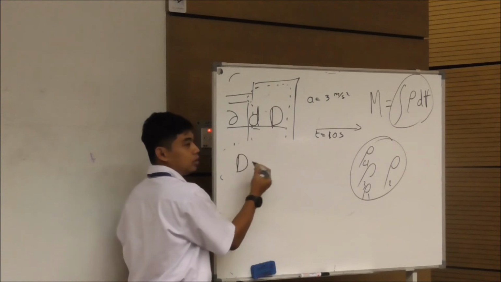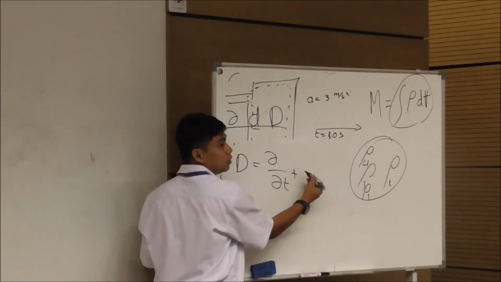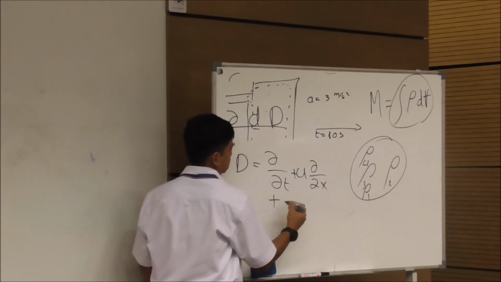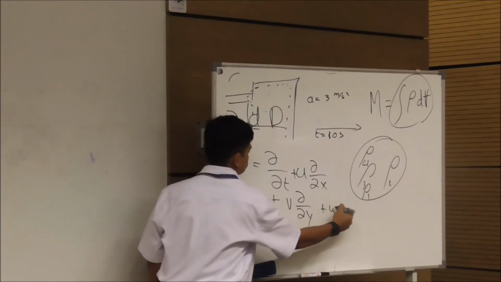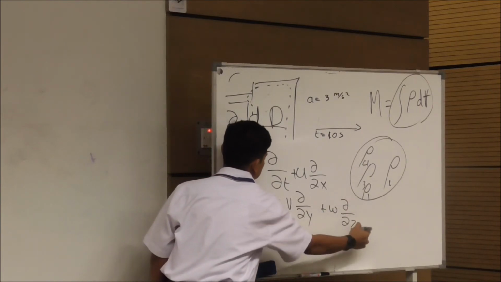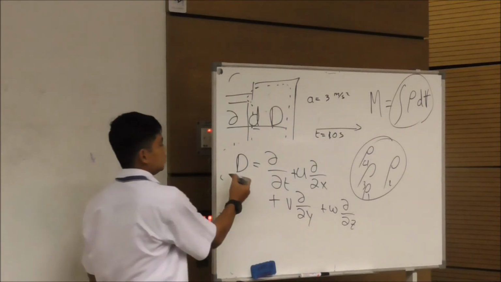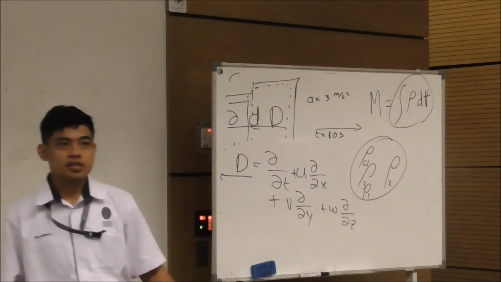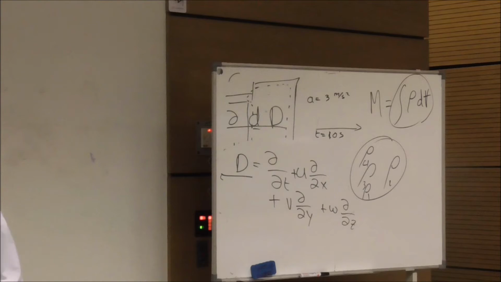Those D, the big D is even worse than your nabla. It's called a total derivative.